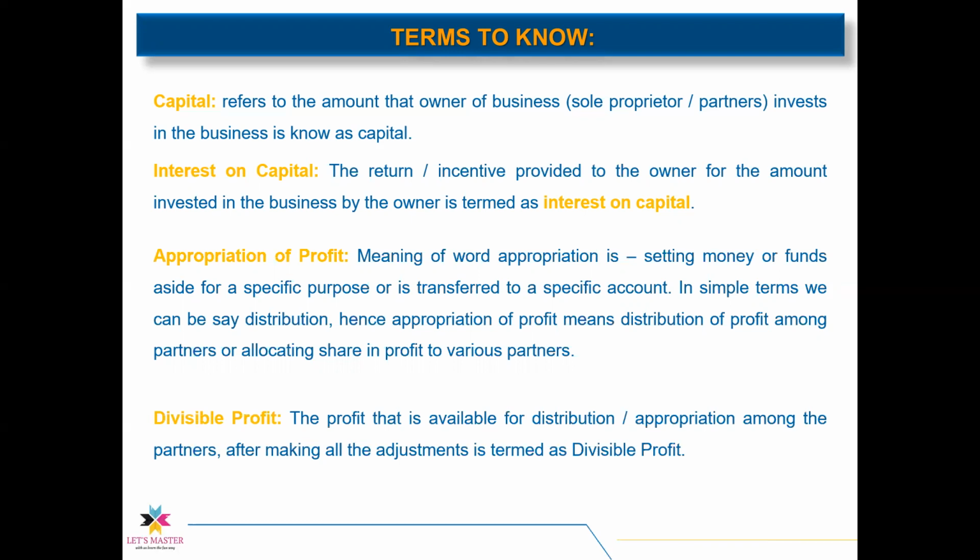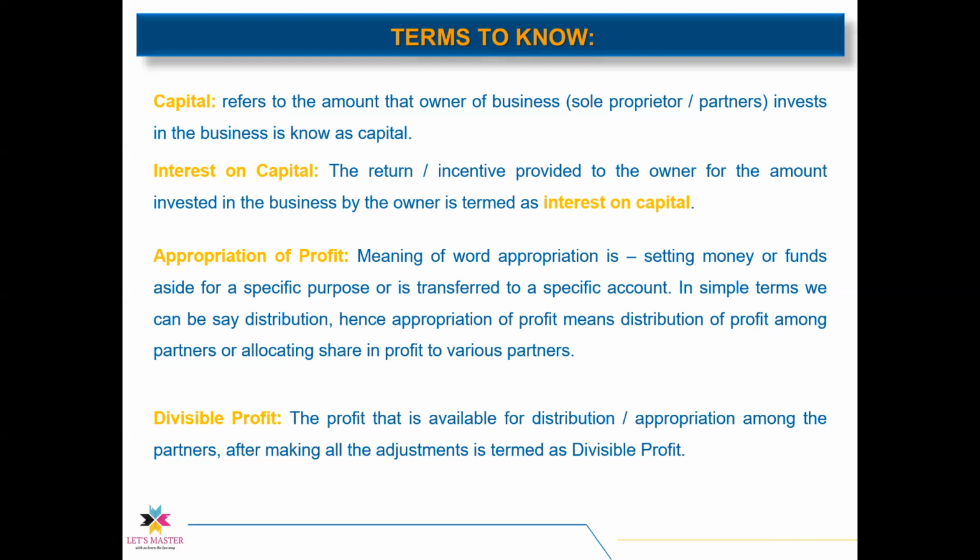The next term that we will discuss is divisible profit. The profit that is available for distribution or appropriation among the partners after making all the adjustments is termed as divisible profit. Later on in this series, when we talk about distribution of profit among partners, or the preparation of profit and loss appropriation account, this term divisible profit will become more clear to you.